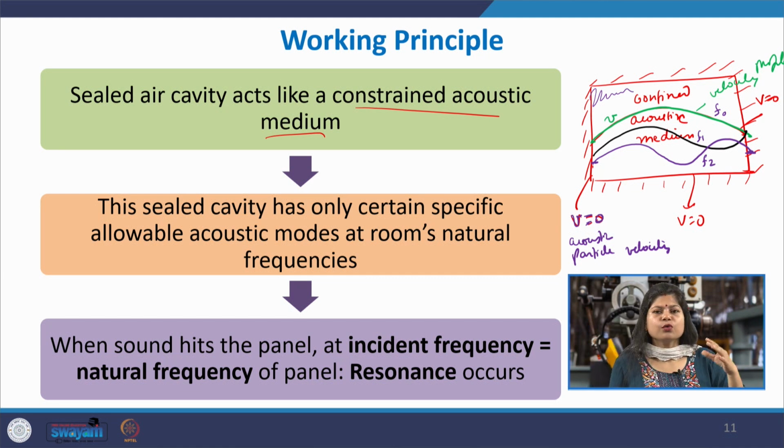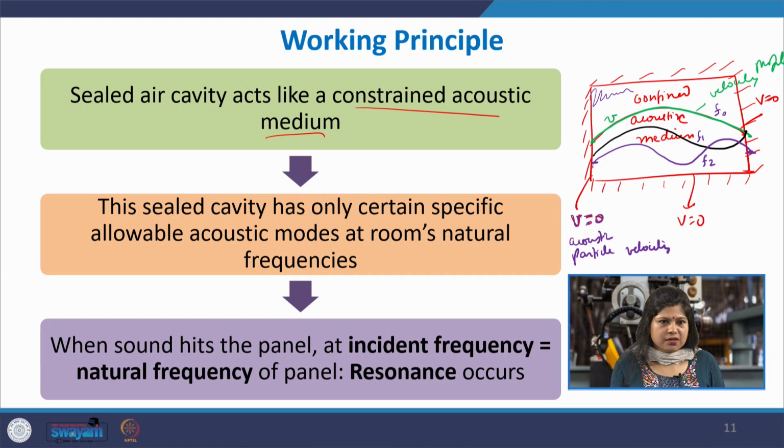So, with this understanding, what we come to know is that if a panel has a constrained sealed cavity, it can only allow certain frequencies to exist within it, which means that at other frequencies, if the sound is hitting, the air cavity inside the panel is not going to get excited at all.